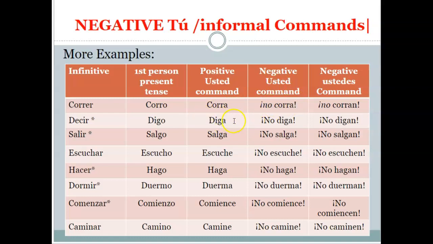Decir, diga, no diga. Salga, no salga. Escuche, no escuche. Haga, no haga. Duerma, no duerma. Comience, no comience. Camine, no camine. And then no corran, no digan, no salgan, no escuchen, no hagan, no duerman. No comiencen and no caminen.